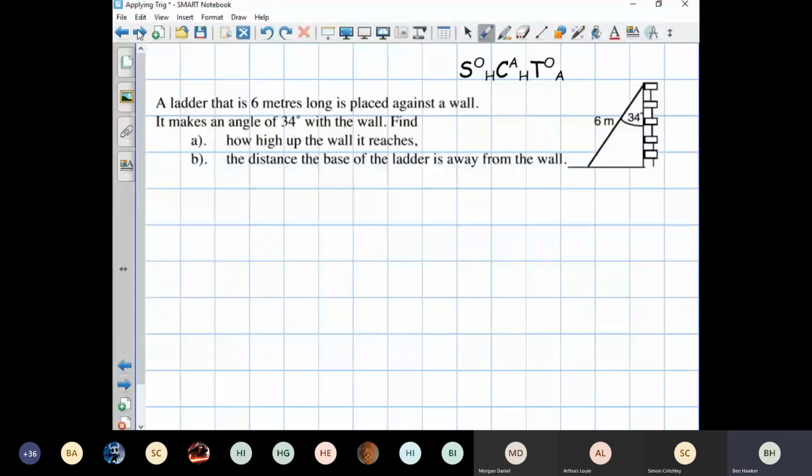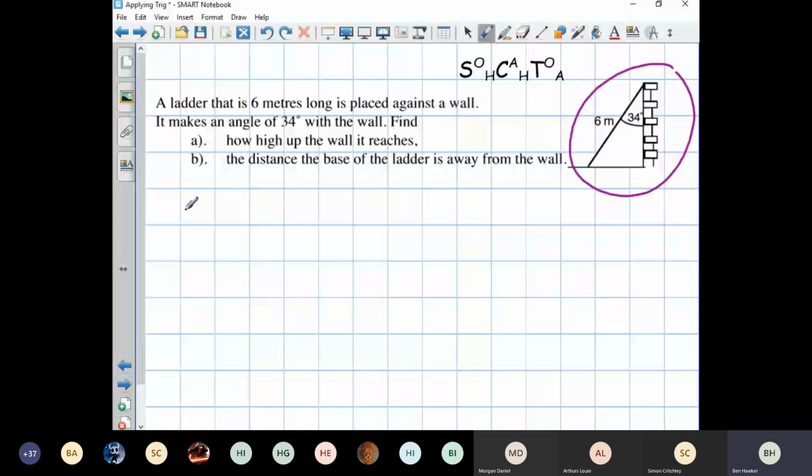On the right, you can see a diagram of this, which is not necessarily always going to be given to you, but in terms of these questions, one of the best things to do straight away is try to visualize what this is going to look like. I personally think drawing the triangles and visualizing how this is going to look is always going to help you, and it's always a sensible first step.